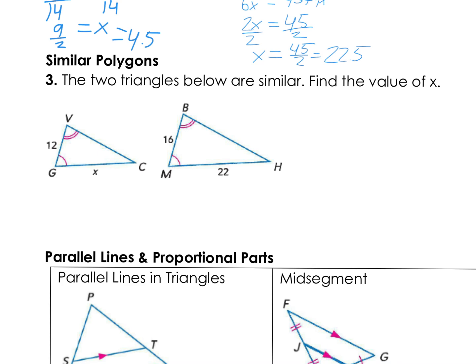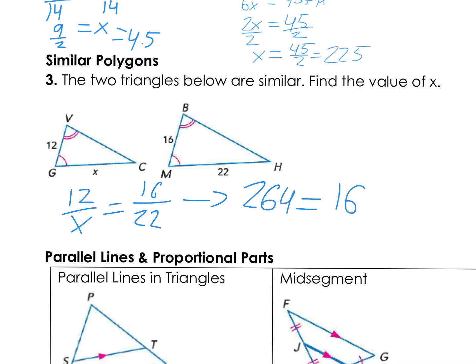We want to find the measure of x, so we're going to set up a proportion such that 12 over x is equal to 16 over 22. We'll do our cross multiplication such that 12 times 22 is 264, which is going to be equal to 16x. Divide both sides by 16, and we get x is equal to 16.5.